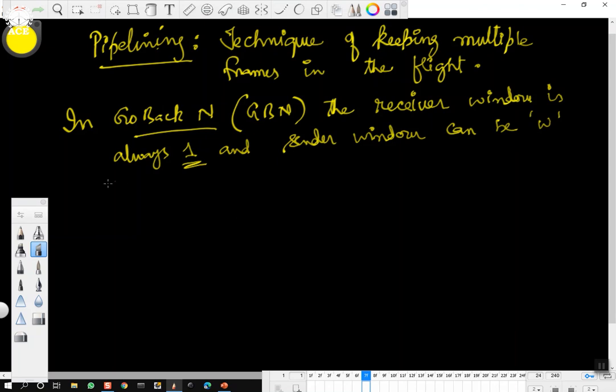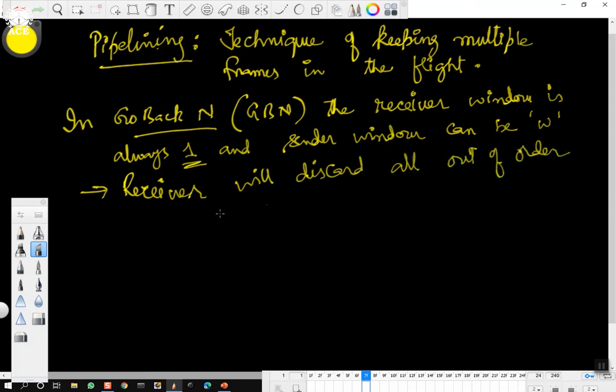The point is, the receiver will discard all out of order frames because its window size is only 1.